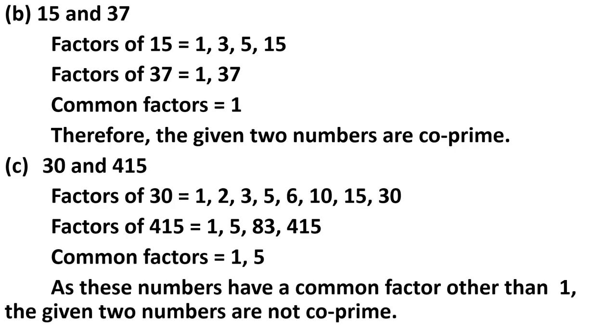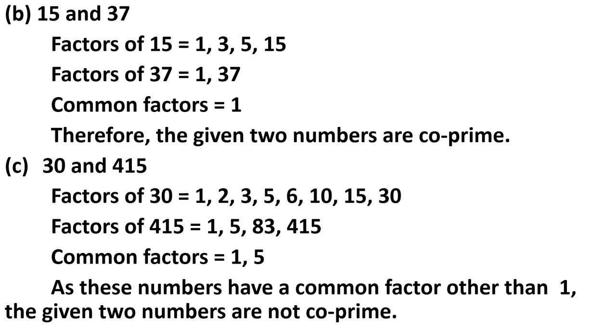Now see the common factors. In this case, common factors are 1 and 5. As these numbers have a common factor other than 1 also, the given two numbers are not co-prime numbers.